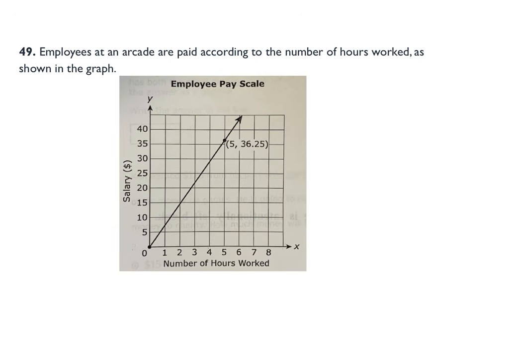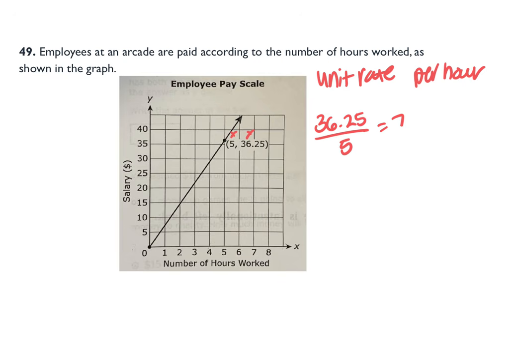So to see if that one is true, we have to find the unit rate. We have to find out what they make per hour. So I'm using this X and Y. $36.25 divided by 5 gives me $7.25. So B is one answer choice.